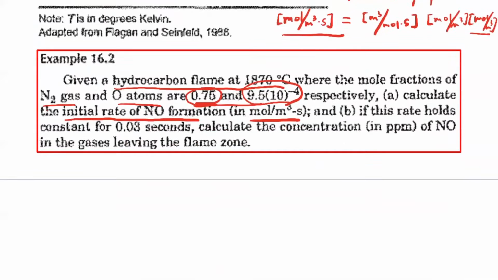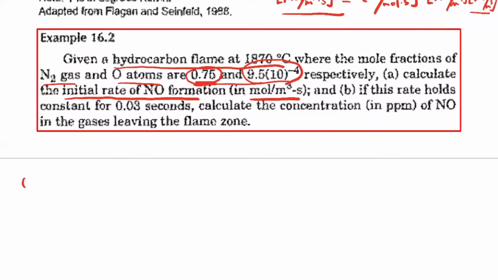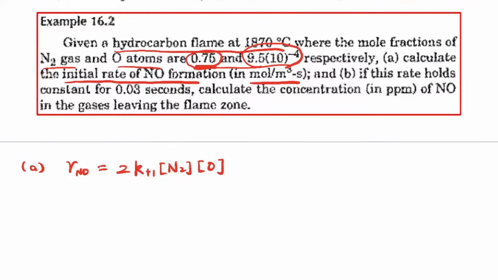Okay, so let me just outline this process here. So if we want to solve for A, then the reaction rate of NO is just equal to 2 times K plus 1, the concentration of nitrogen multiplied by the concentration of oxygen atoms.